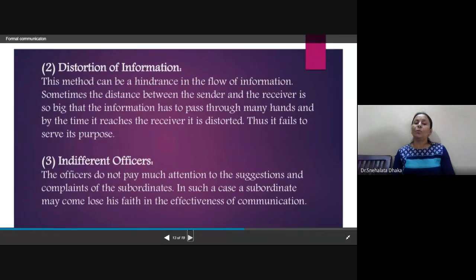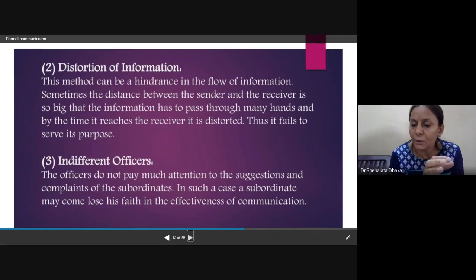Hierarchy is followed in formal communication, so because of that hierarchy, changes are automatically included at all levels. At the end, the original information completely changes because of a lot of involvement at various levels. So in one manner we can say that the original information is totally distorted. Okay, it is finished.